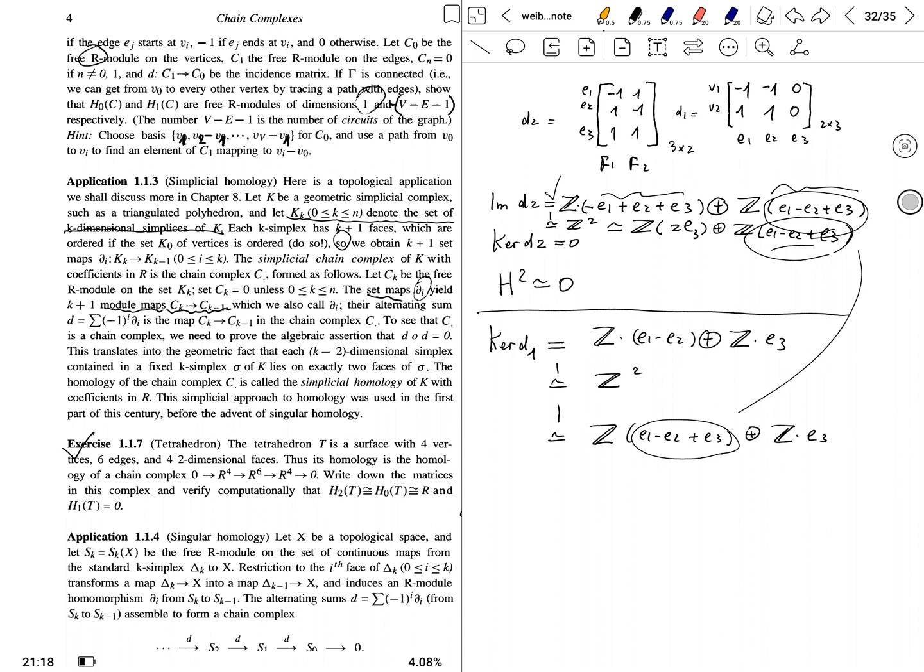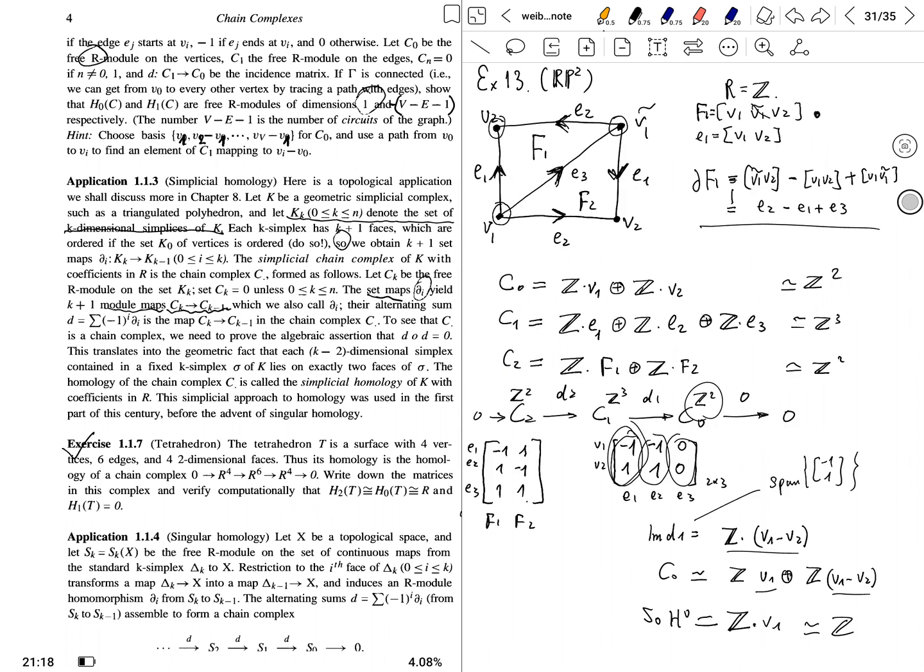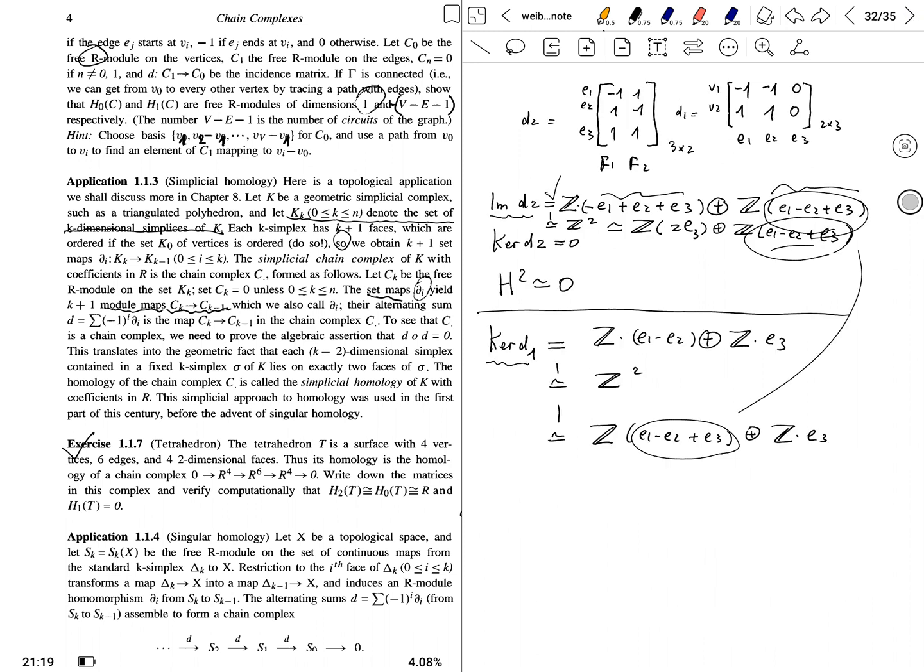Now we have the image of D2 contained in the kernel of D1. For the kernel of D1, you could solve this homogeneous linear system, or you just notice it's not difficult.